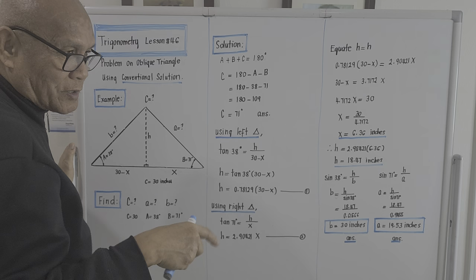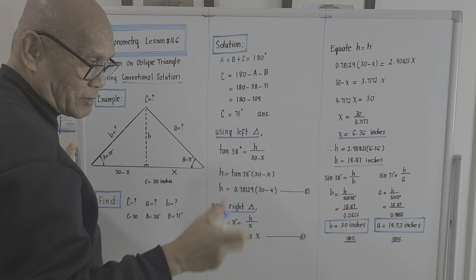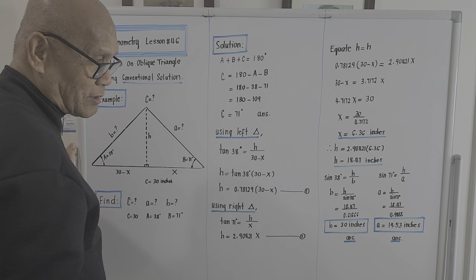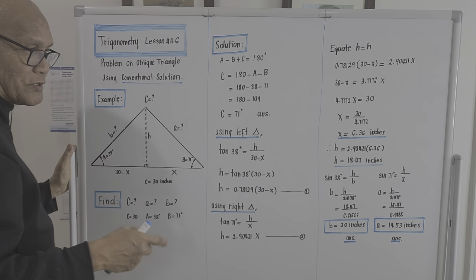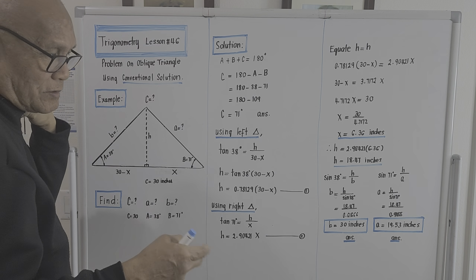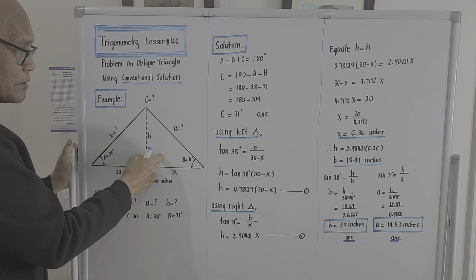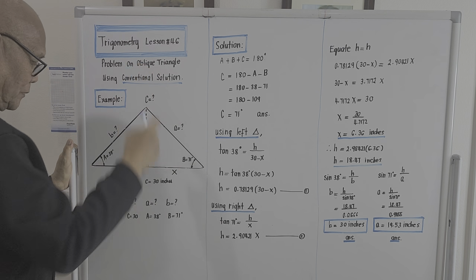Because if one of the interior angles is 90 degrees, it falls under a right triangle. Since none of the angles is equal to 90 degrees, the given triangle is an oblique triangle.